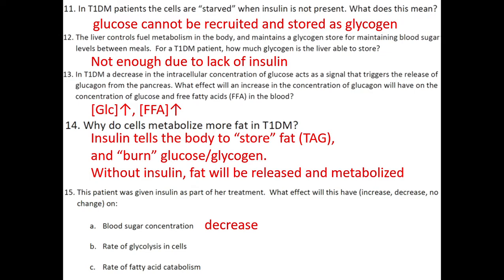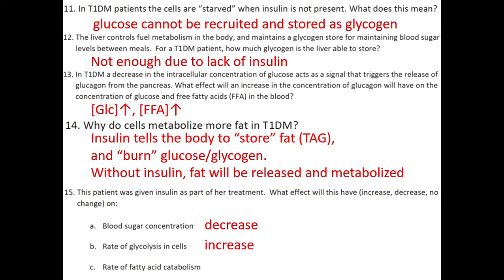What about the rate of glycolysis in cells? Again, insulin tells the body to burn glucose. When we produce insulin, it means that we are going to generate some energy. So the rate of glycolysis in cells will increase. We are going to burn glucose.